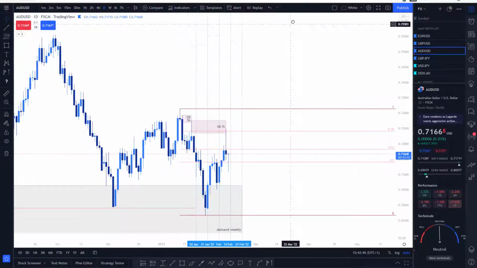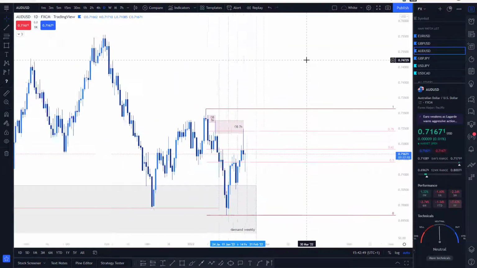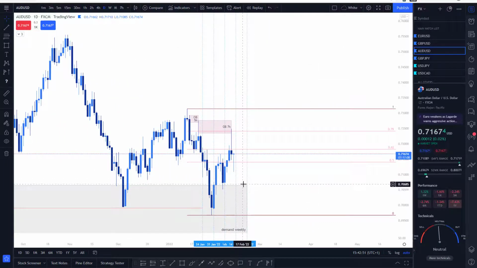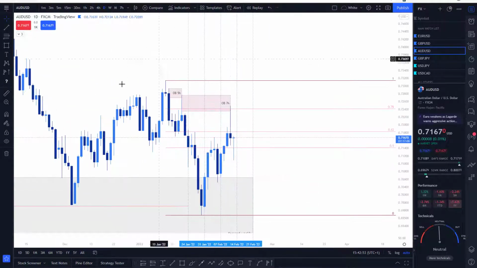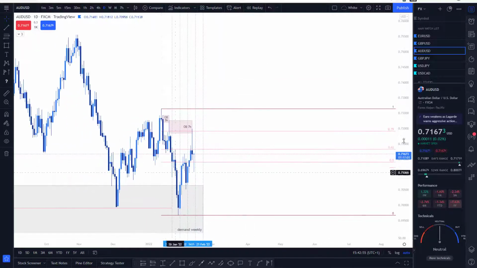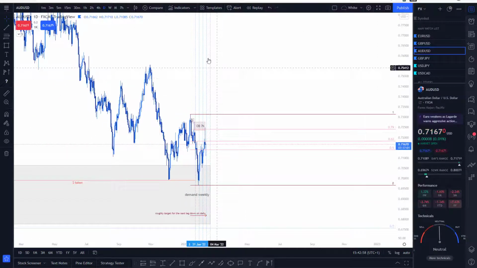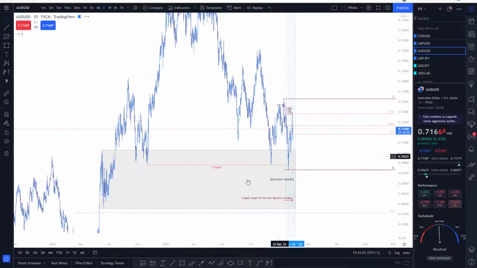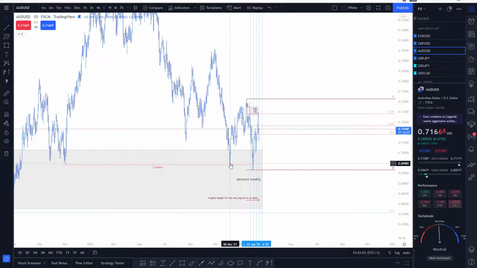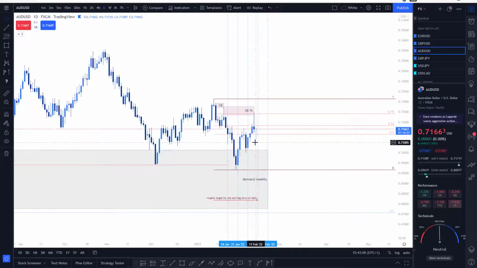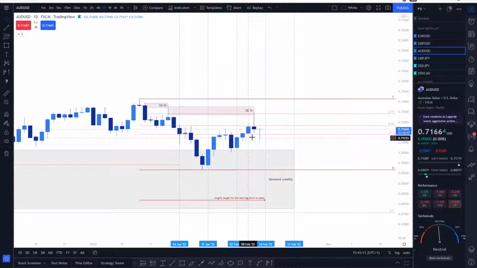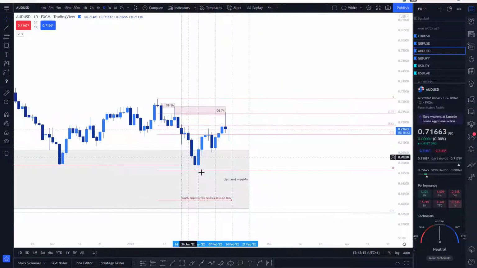Okay, we are on a daily, it's fine. Now here comes the explanation. There were equal lows here, and two weeks ago the price broke through this liquidity.